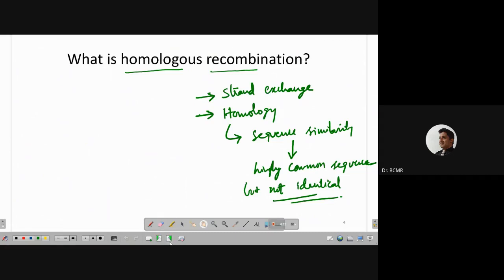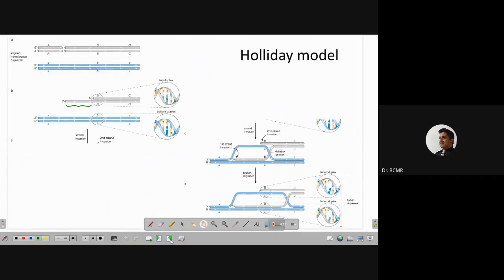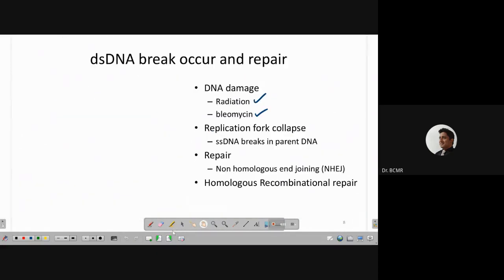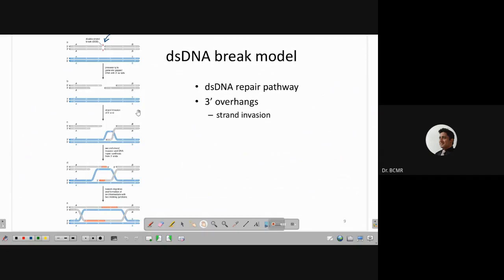And homologous recombination, in the double strand break model, has three or four important parts. The first one is the double strand break, which could happen by accident, can be induced by some proteins, or because of damage.